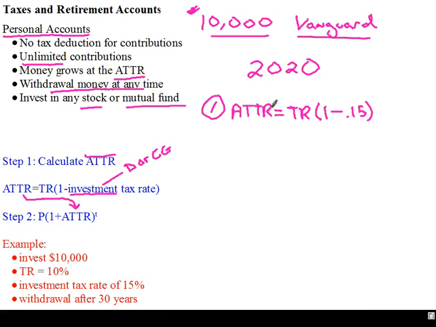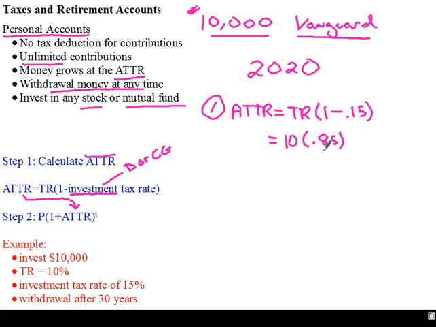Okay, so that means that the after-tax total return is equal to, well, the total return is 10%. I'm not going to bother writing that as a decimal. You could, I'm just going to keep that as 10%. Times 1 minus 0.15, which is 0.85. So what this 0.85 really means is that each year I'm going to keep 85% of my 10% return.